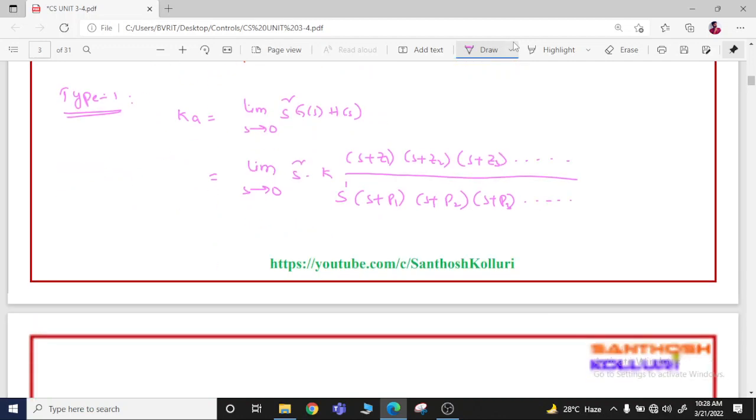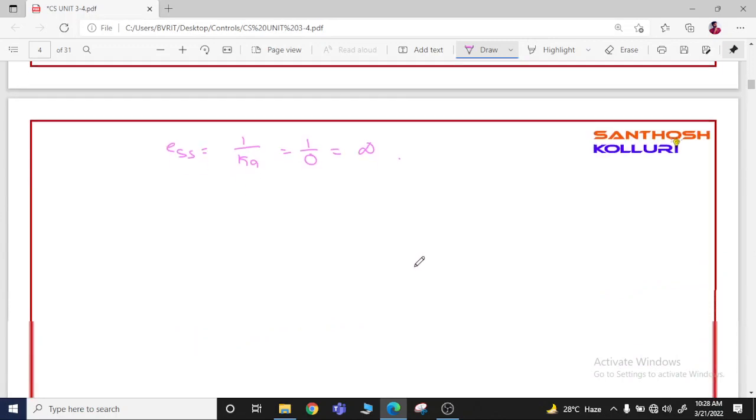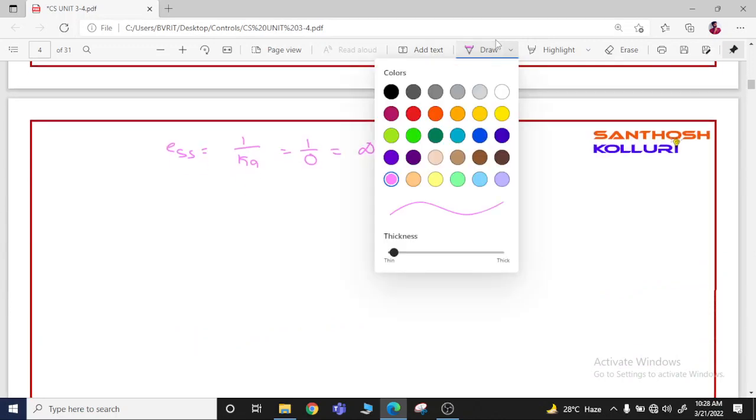Here the square term and this one will get cancelled out, and anyway this will become 0. Therefore the steady state error will be 1 by Ka, which is 1 by 0, equal to infinity. So for a type 1 system also the steady state error is infinity.